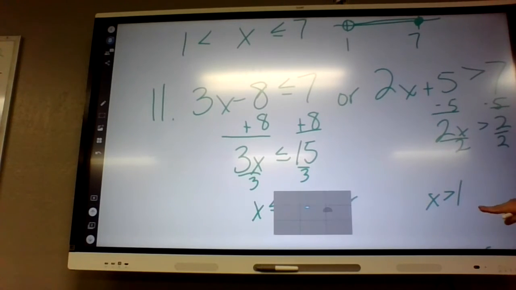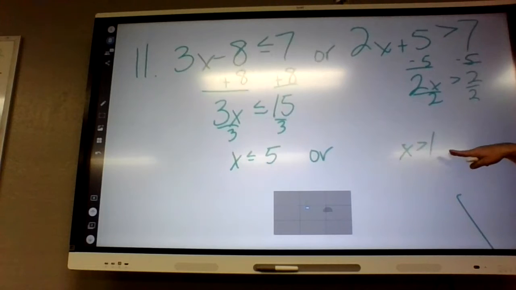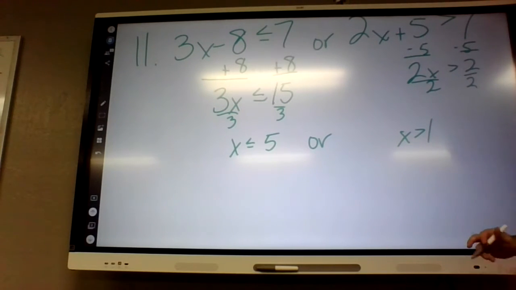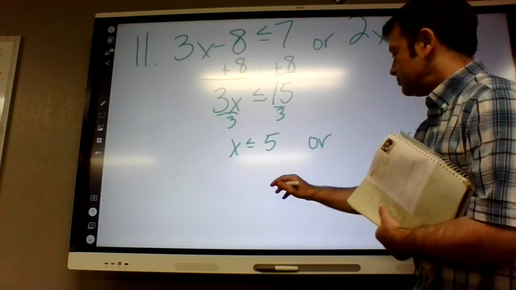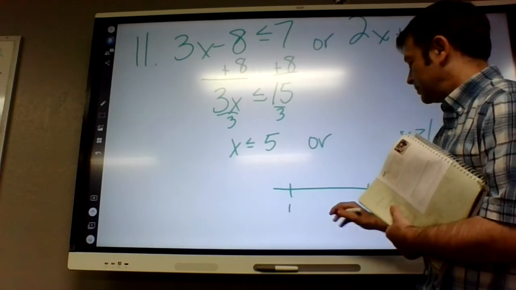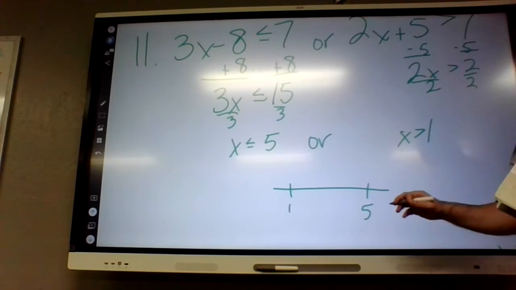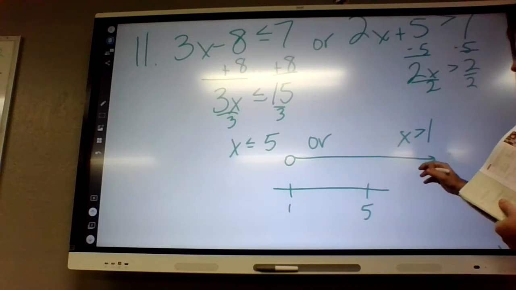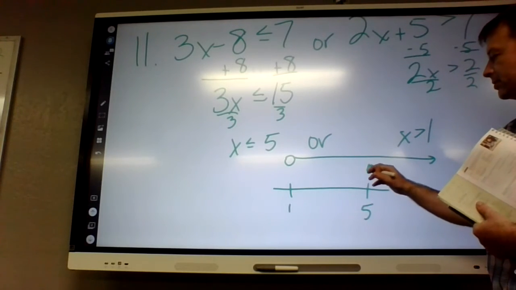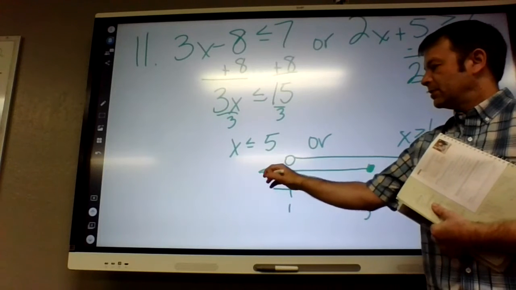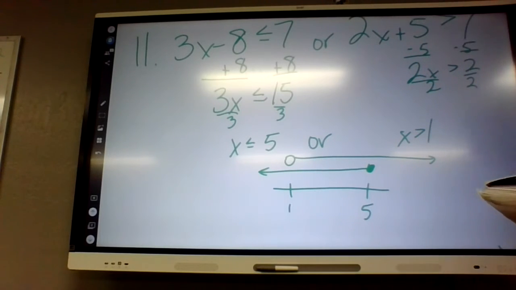Okay, when I go to graph this, I'm going to use the floating lines. Make sure I get it right here. Got 1 and 5. Supposed to be greater than 1 or less than or equal to 5. Okay.